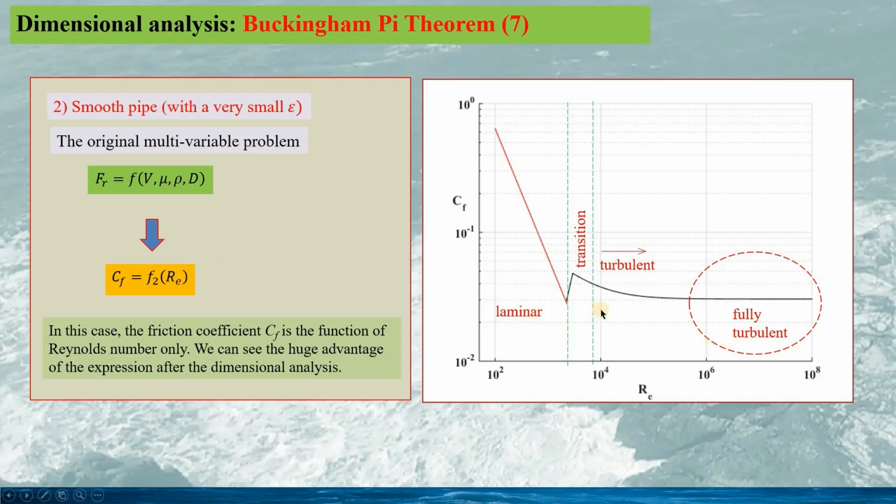And in this plot, we can also see if the flow is fully turbulent at a very high Reynolds number, the friction coefficient becomes a constant. And this would be very useful since we can easily extrapolate this to a high Reynolds number with very high confidence.